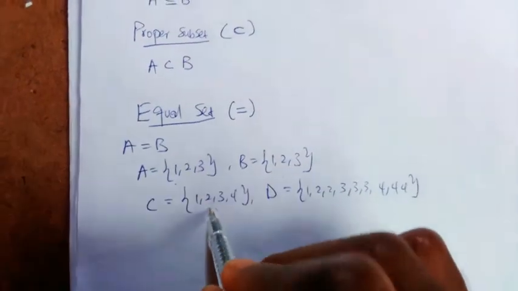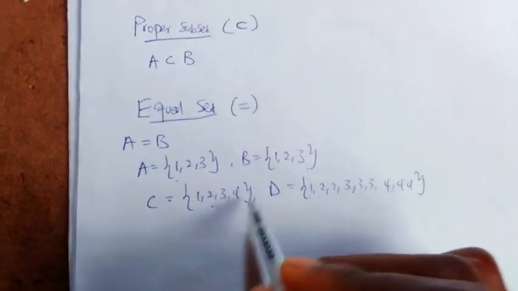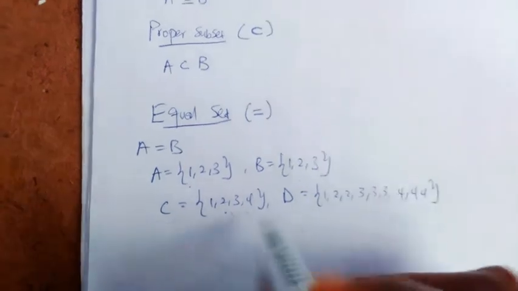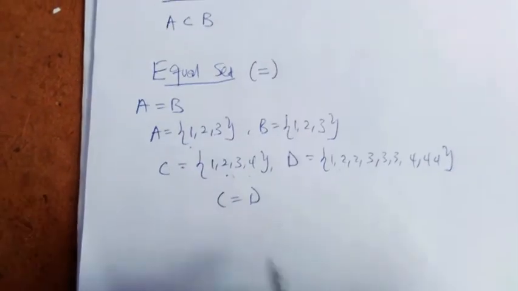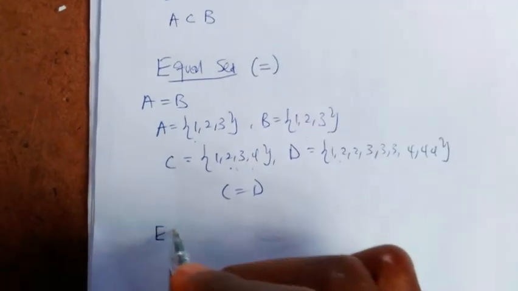Since no element is distinct from D, it means that C is also equal to D in this case.